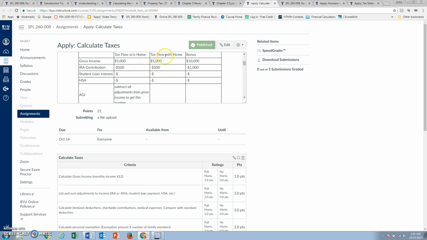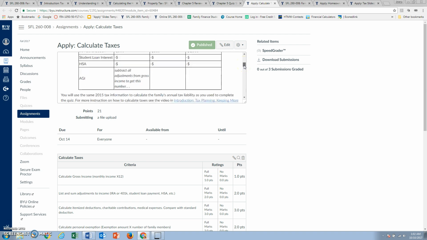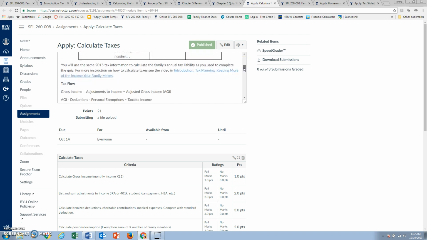And then you'll do the same tax flow again, but you'll assume a home mortgage, so you'll add in that property tax that you calculated and also that deduction for interest on your home mortgage. Then there's this bonus section. If you're just loving taxes and you want to do a little bit more of it, you can double your income and see how that would affect your taxes.